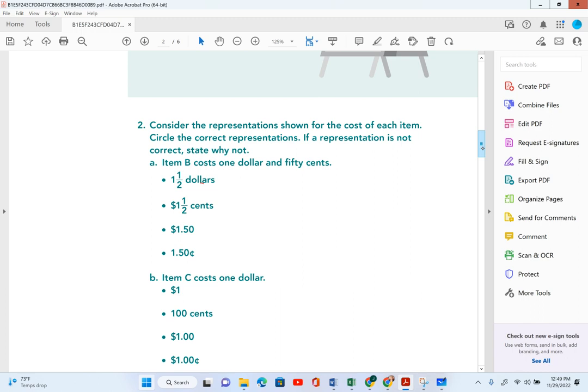So we are supposed to circle the correct representation. And this one is not correct because it is dollars and cents mixed.